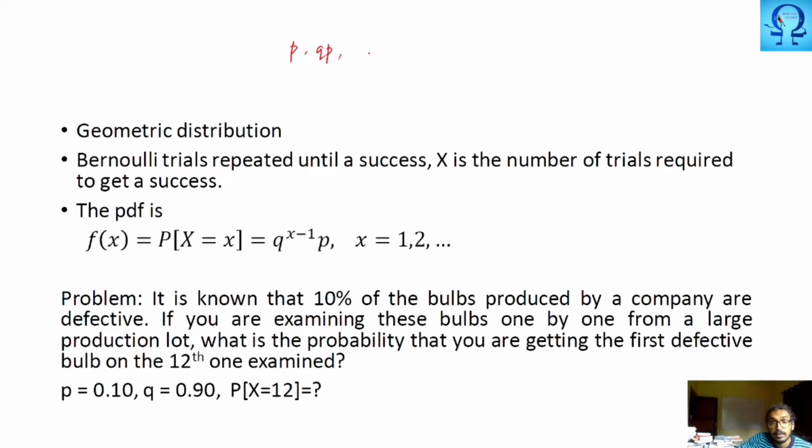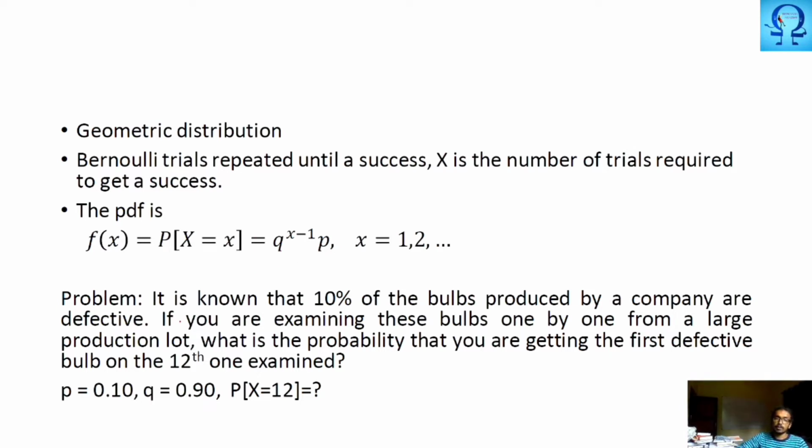Suppose we get the success in the third one: for the previous two times we get the failure. So supposing we get the success in the xth trial, it means for the first x minus 1 attempts we got the failure, and in the xth trial only we got the success. So this is how the PDF comes.